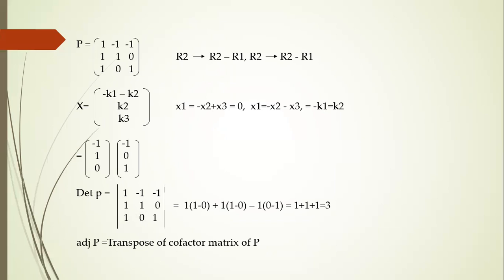Let us find the adjoint of matrix P. The adjoint of P is the transpose of the cofactor matrix of P.